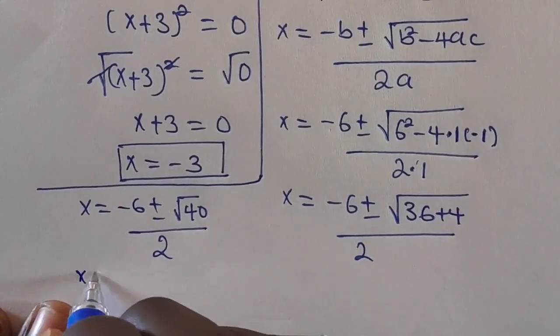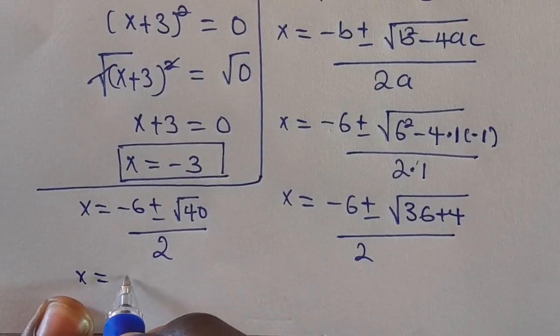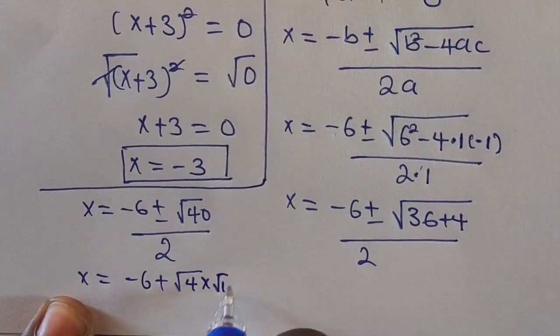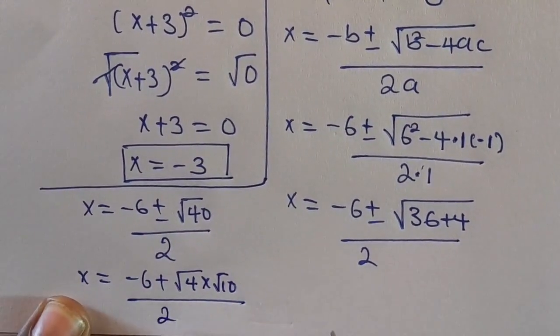So we have x equals minus 6 plus or minus square root of 4 multiplied by square root of 10, divided by 2.